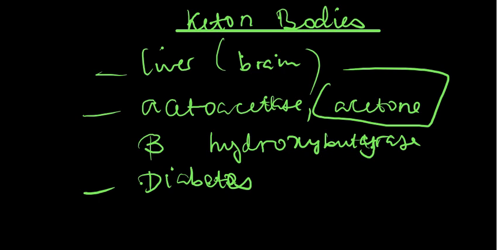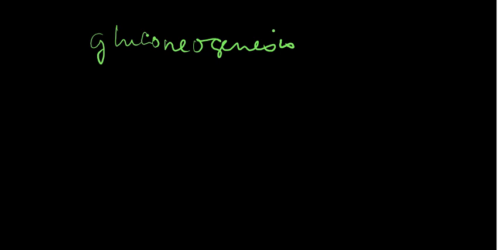When a person is starving of carbohydrates, or when the carbohydrate stores are depleted, the body will rely on gluconeogenesis as well as the citric acid cycle. Those are the ones that are relied on.